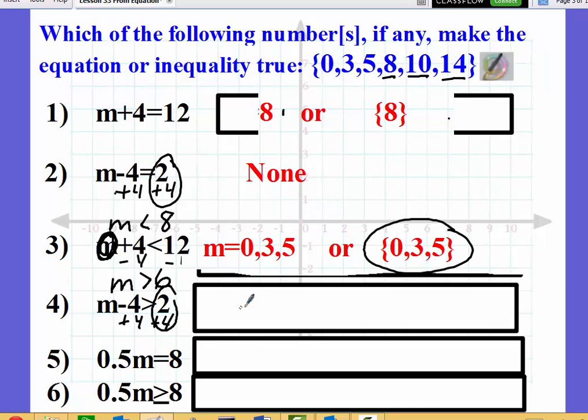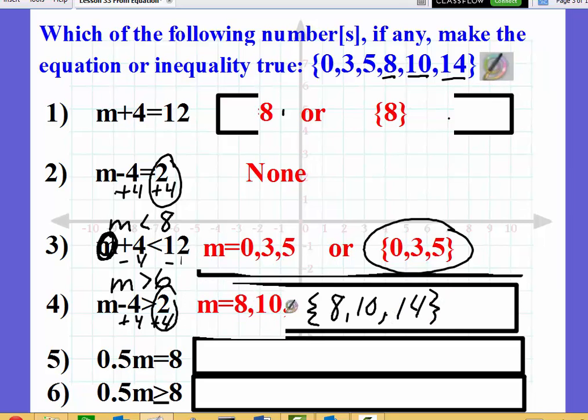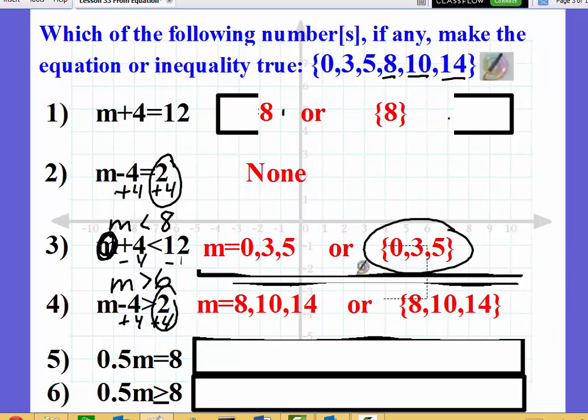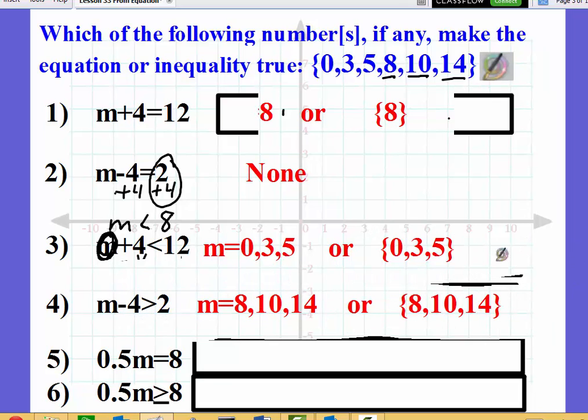They're all greater than 6. So I'd be left with 8, 10, and 14. Let's check that out, see if we are correct.